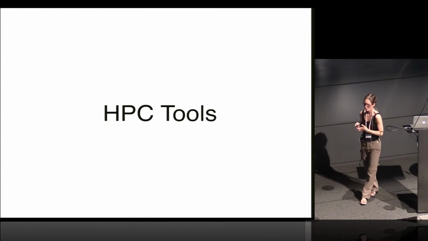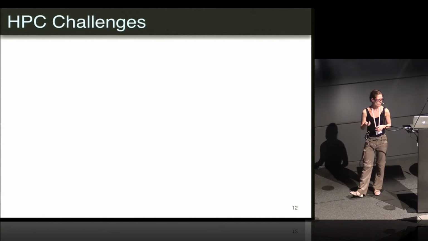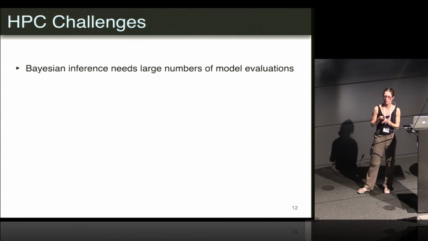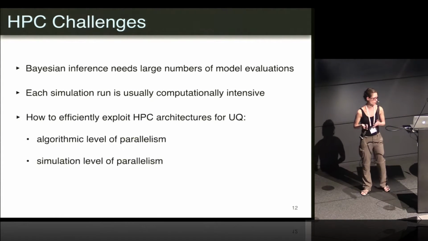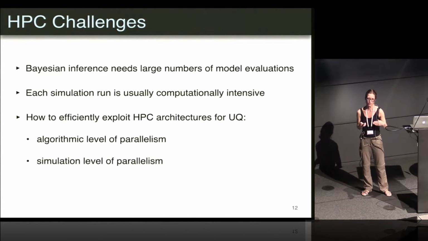Now, how do we implement the method? So our implementation, well, first of all, as I already mentioned, our computational models are rather expensive. Plus, for this Bayesian inference, you need a lot of runs of them. So that's already some challenges. And we have various levels of parallelism.